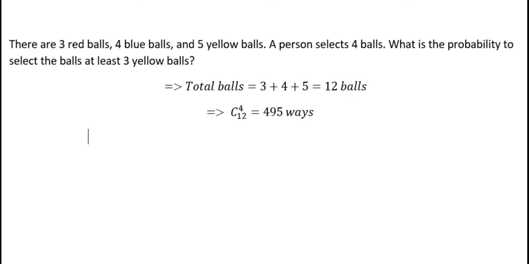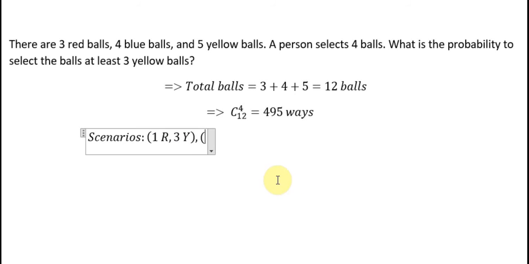So we need to find the different scenarios. We have 3 yellow bonds, so we have 1 red bond, 3 yellow bonds, because we just select 4 bonds, so we have 3 yellow, 1 red.